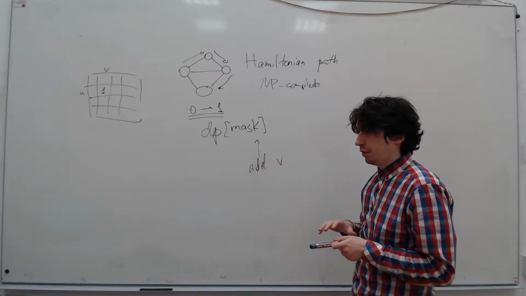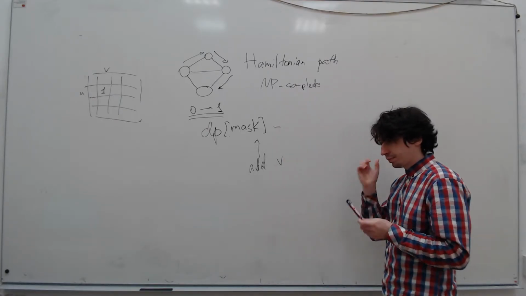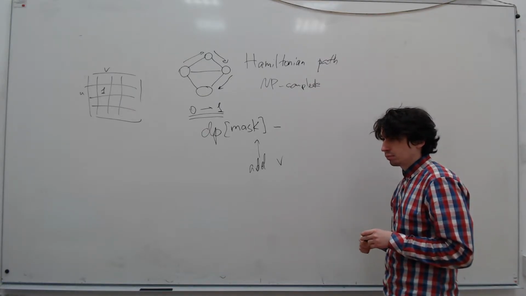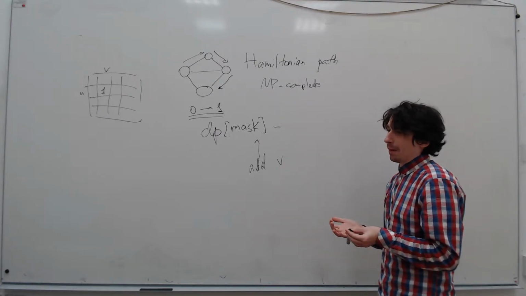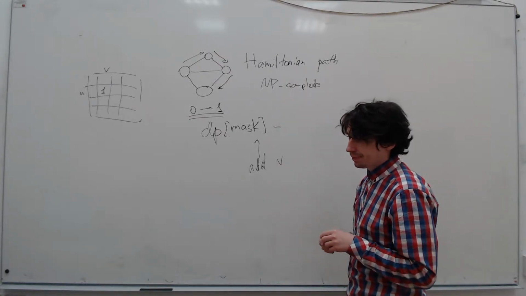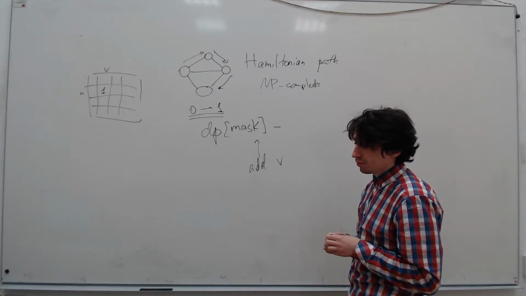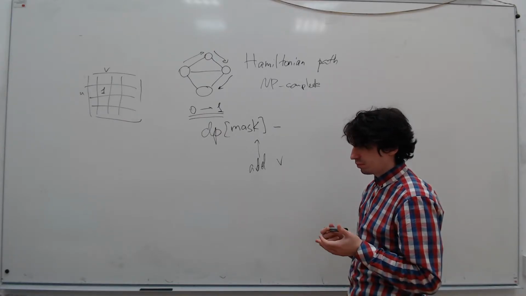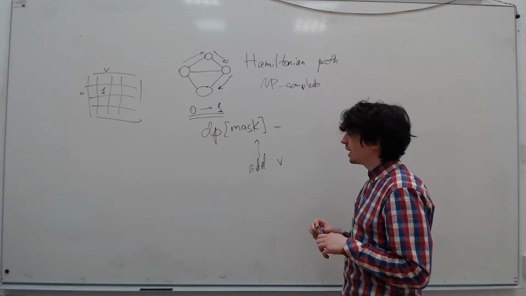What will you store there? So you want to add a vertex v to get what? Please rephrase the question, I didn't get it.